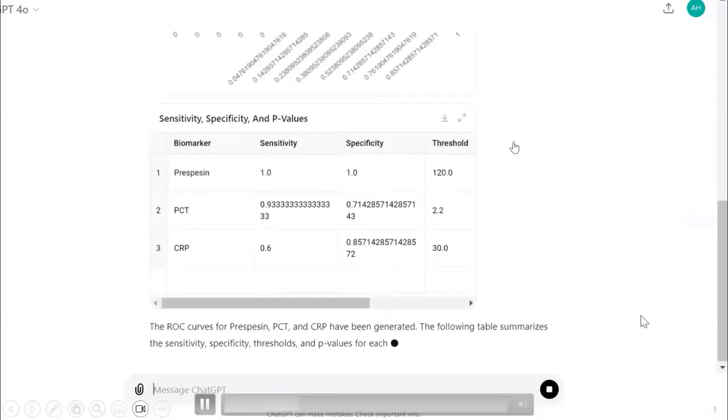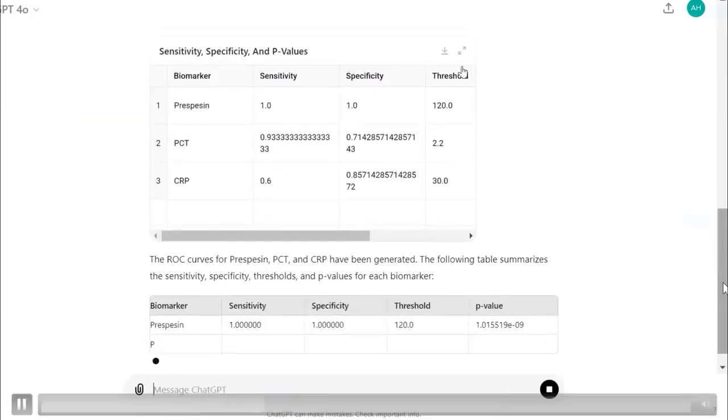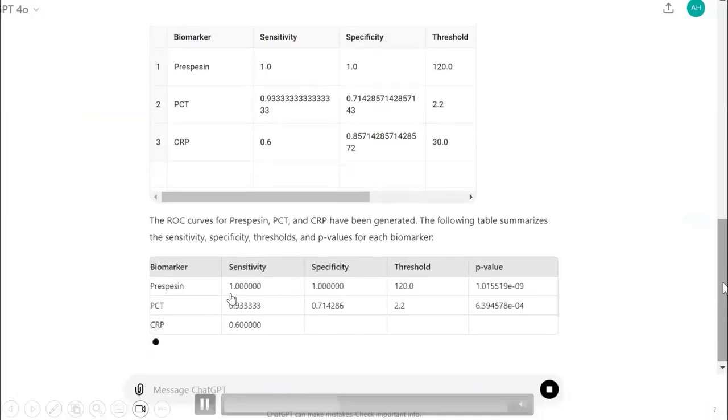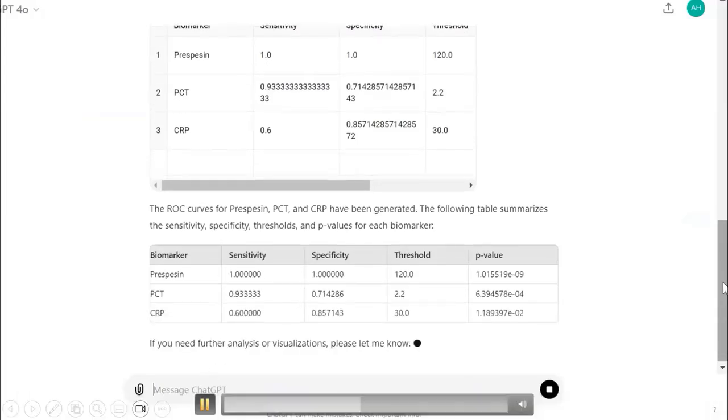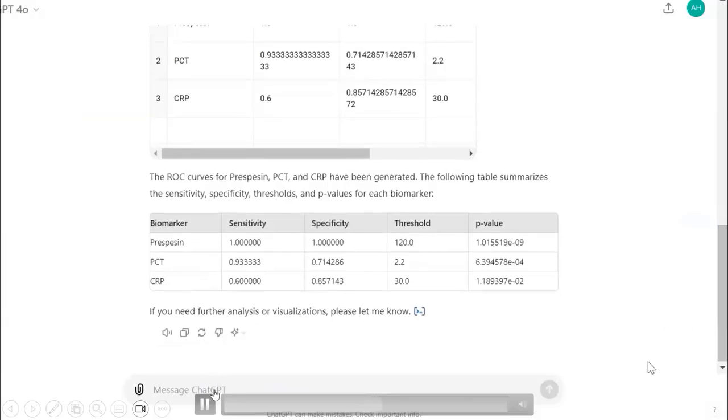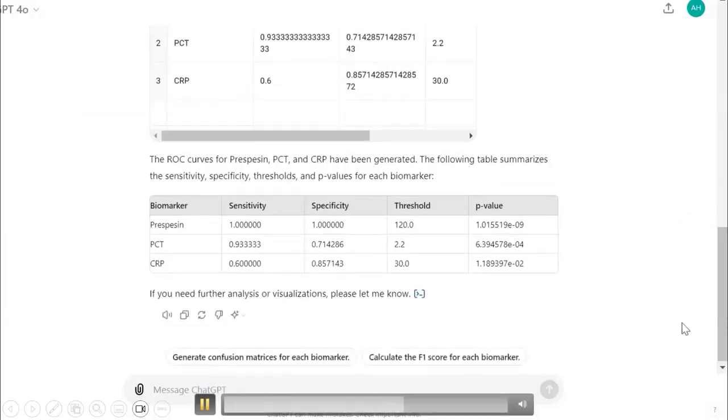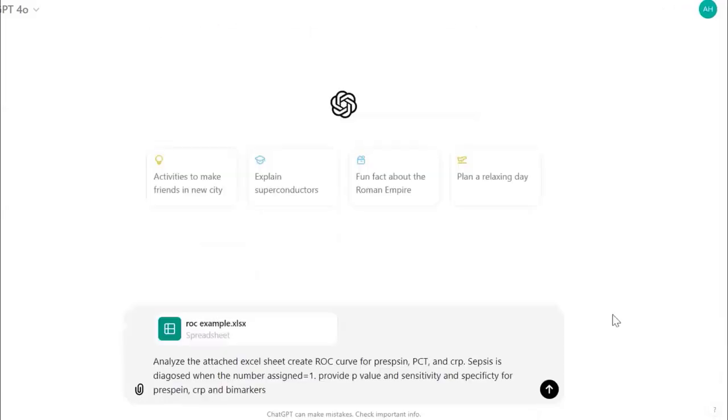Then we start by graphing the area under the curve. Then we start by posting the sensitivity, specificity, and the threshold for every biomarker as a diagnostic tool.